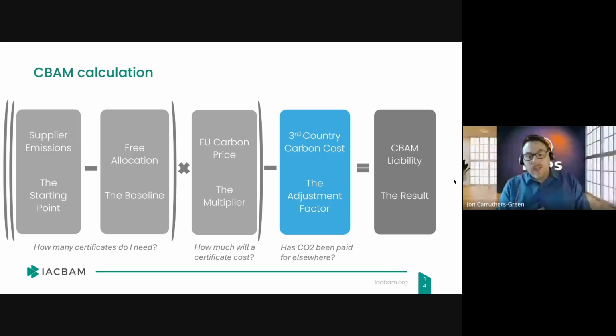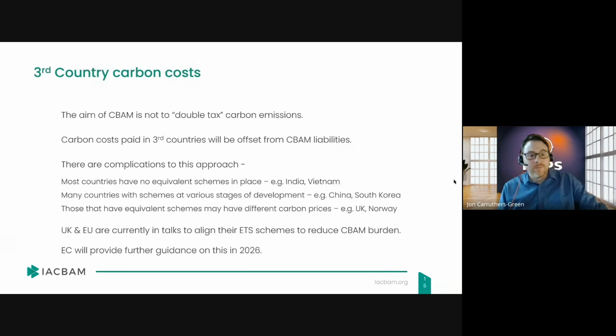So what they've said is that if CO2 is being paid for elsewhere in the supply chain, then they will negate that from any CBAM liabilities that you would have to pay. Essentially what they've said is they don't want to double tax these carbon emissions.